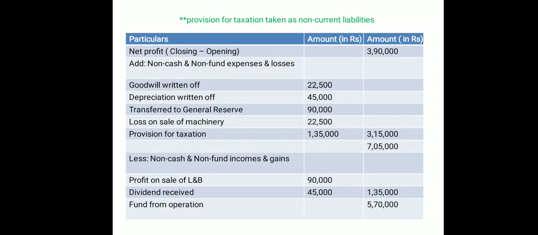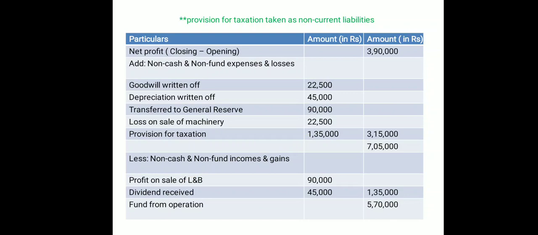So these are all expenses or losses of non-cash or non-fund nature. When we take the total of this, 3,15,000, so 3,90,000 plus 315, we get the new total 7,05,000.